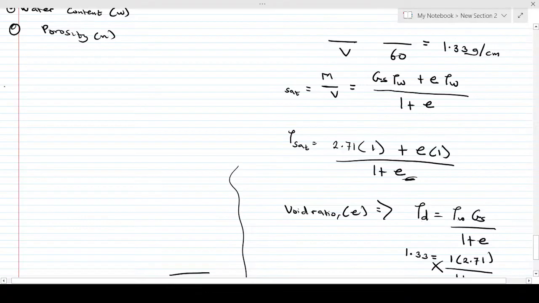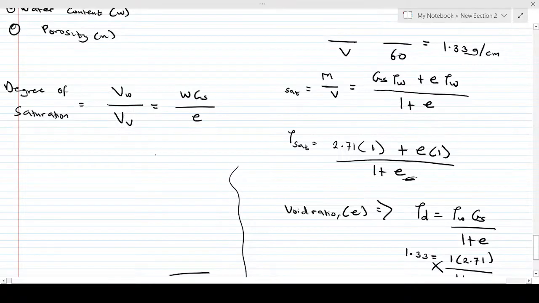The degree of saturation is given as the volume of water over the volume of void, which is also the water content multiplied by the specific gravity, all over the void ratio.